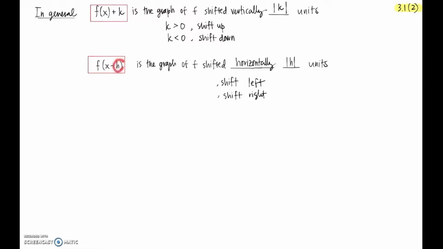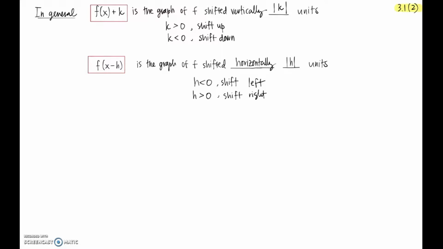So if h was a positive number here, then it gets shifted to the right. And if in this definition h is a negative number, say h was negative 7, that would create an x minus minus 7, so that would be x plus 7, then it's actually a shift to the left.